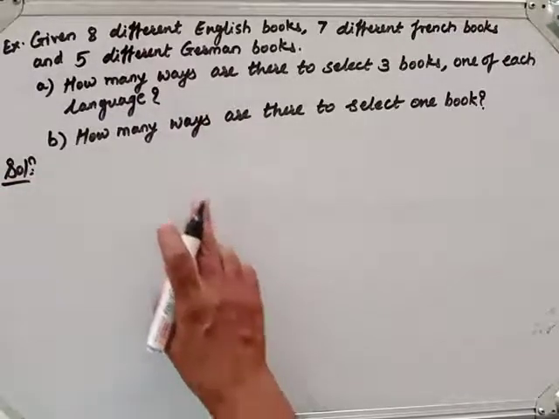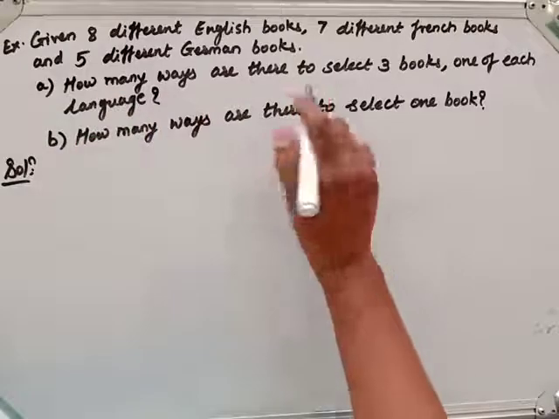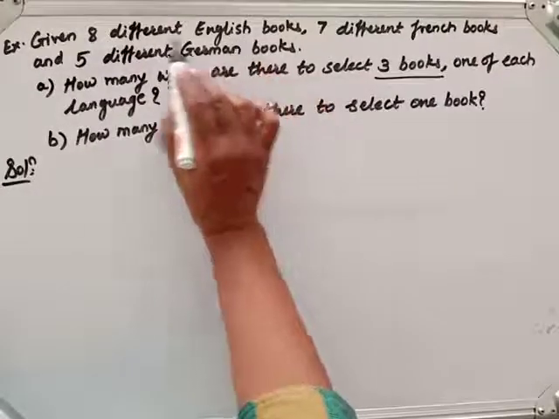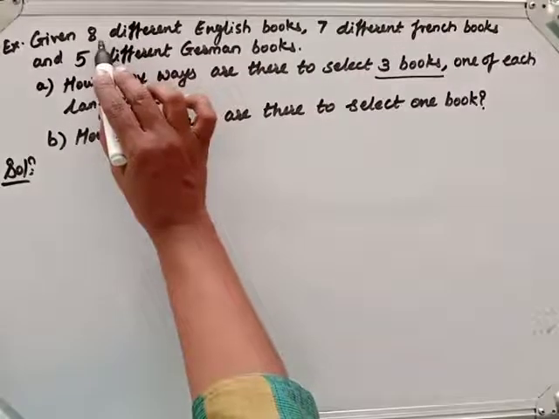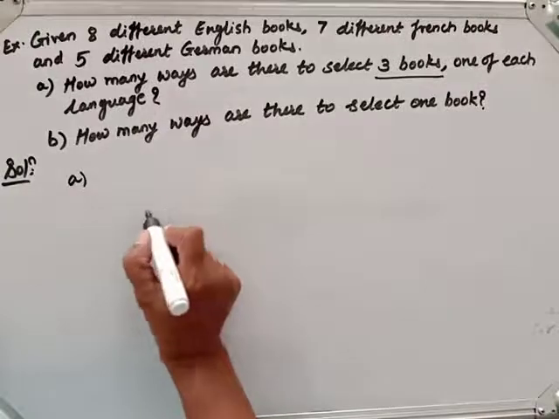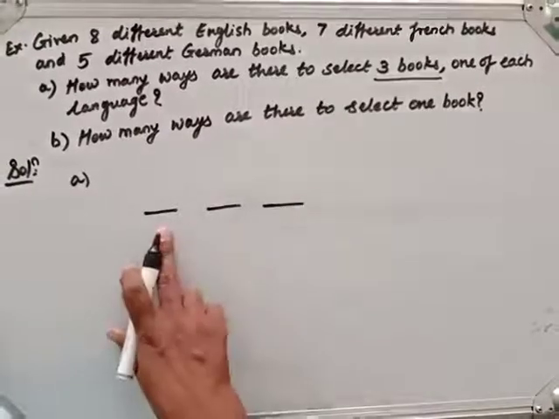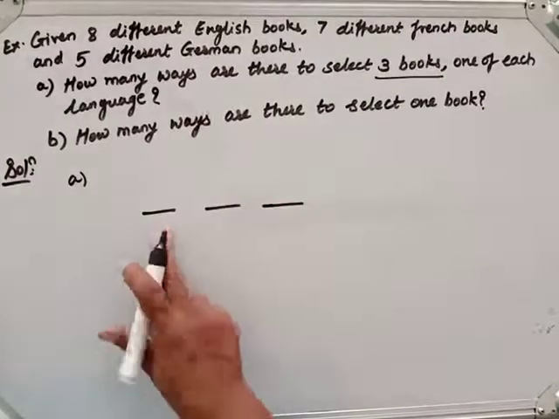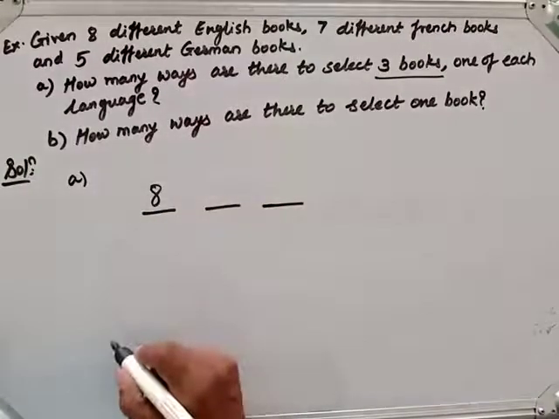So solution is here. Now first of all we have to select 3 books, one of each language. So obviously from English books we have 8 choices. Then we have 3 places here, and each place we have to fill by each language. So English one can be selected using 8 choices.